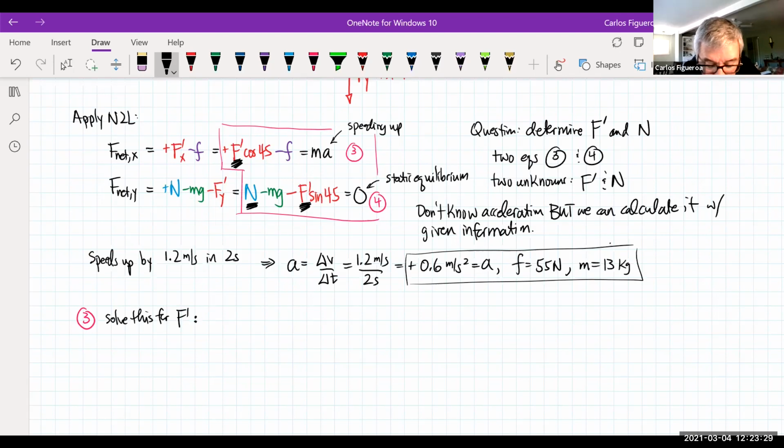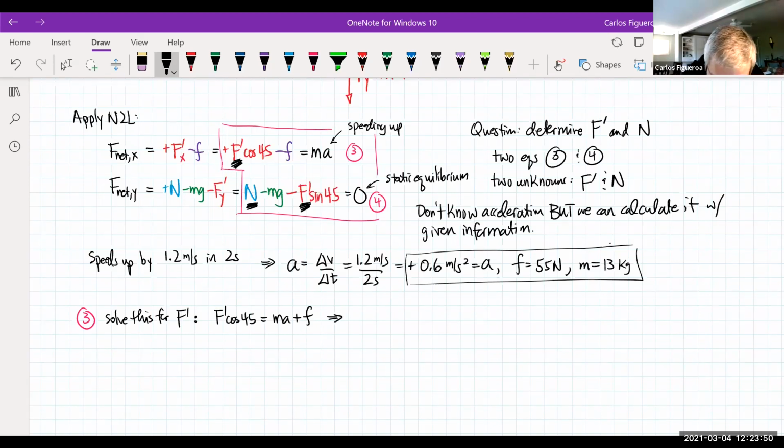Looking at equation 3, I have to take the frictional term to the other side. I'm going to get F prime cosine of 45 equals MA plus friction. But now I have to isolate F prime.